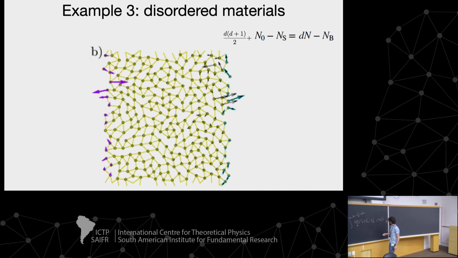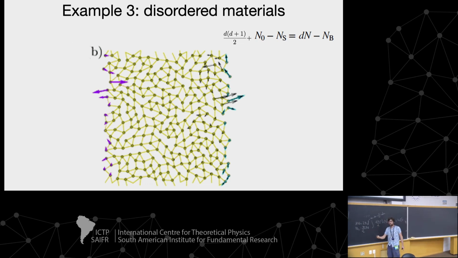And so, which means that if you look on average, we saw this morning in the lecture of Fred that zc was equal to 2 times the dimension of space, so that's the critical isostatic number. So in 2D, that is 4.